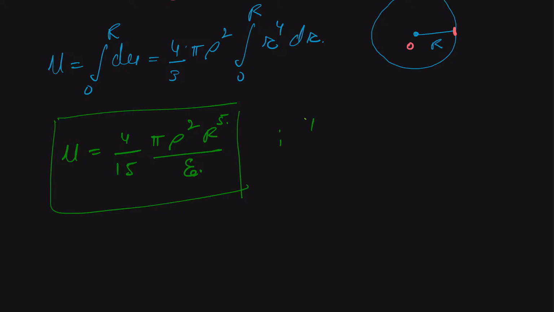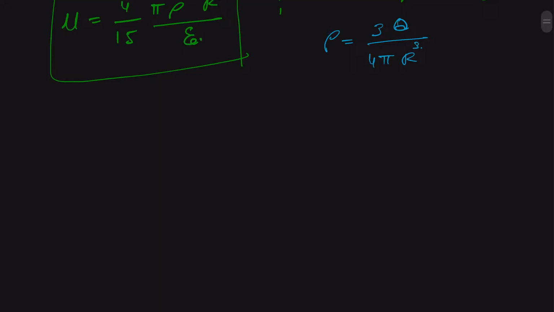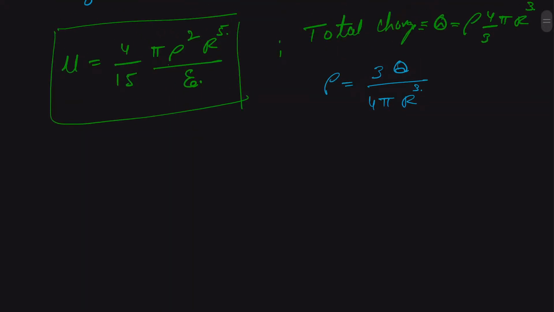And if you want, we can also write this expression in terms of charge. So we know that our total charge Q is rho times 4 by 3 pi R cube, and from here we can find out our rho. So rho will be equal to 3Q upon 4 pi R cube, and we substitute this into the equation of our energy.